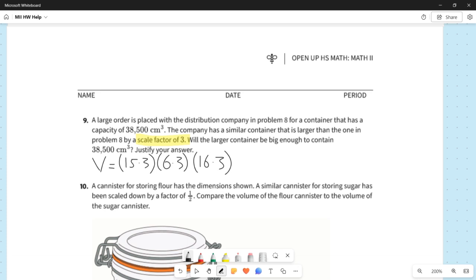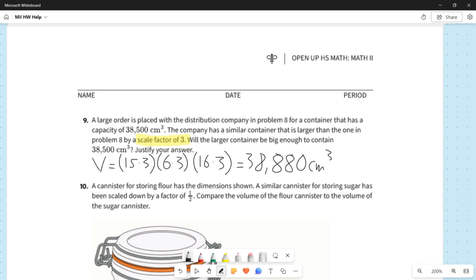Now, if I plug this in, I should get my total volume, which turns out to be 38,880 cubic centimeters. So 15 times 3 was the new length, 6 times 3 was the new width, and 16 times 3 was the new height. If I multiply all three of those together, I get 38,880.